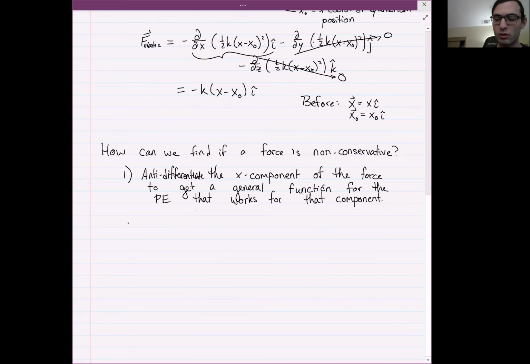Step 2. After you anti-differentiate to get a general potential energy function, you just check that the candidate potential energy function, which is the one that we just generated by taking the antiderivative, works for the other components.